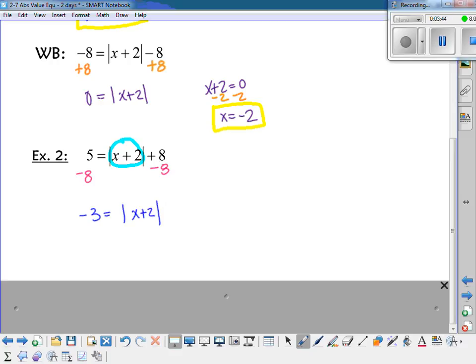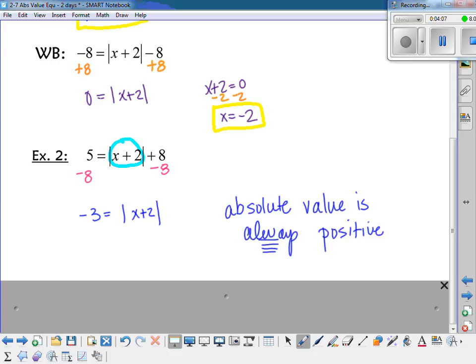Well, what did we learn about absolute values? An absolute value is always positive. So if the absolute value is always positive, is it possible for the absolute value of x plus 2 to equal a negative number?